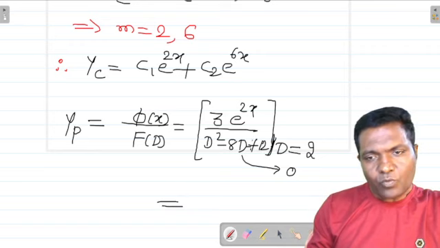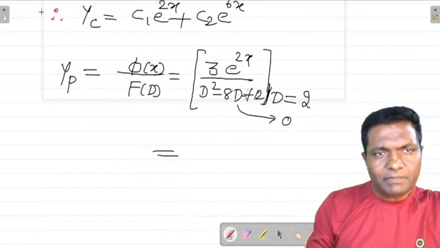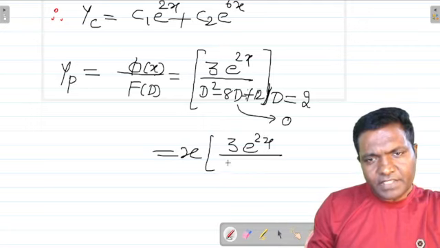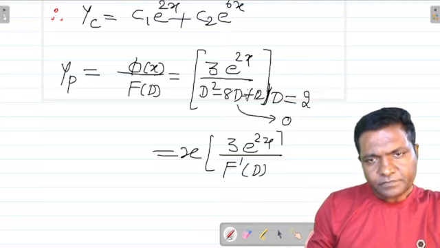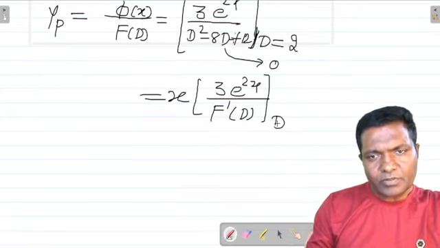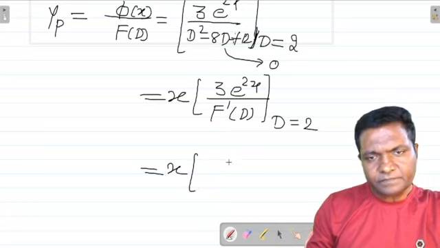So in such a case, you have to multiply by x and then differentiate f of D, that is f dash of D, and then replace D equal to 2. When the denominator becomes 0 on replacement, you need to follow this technique.